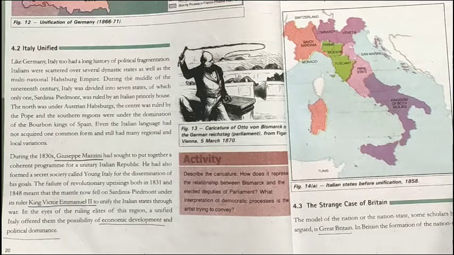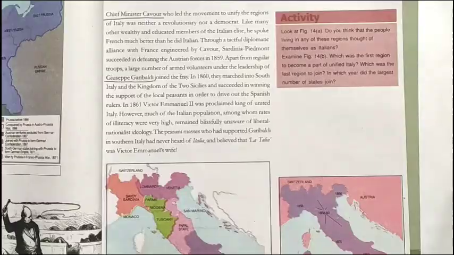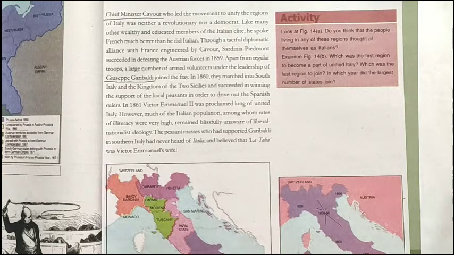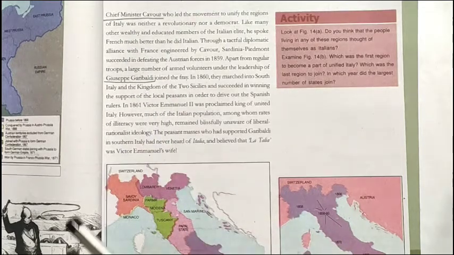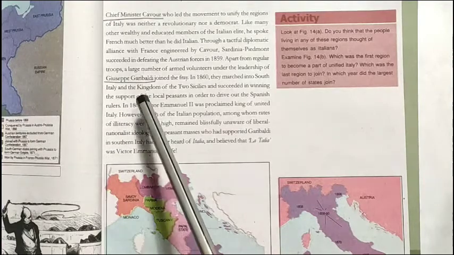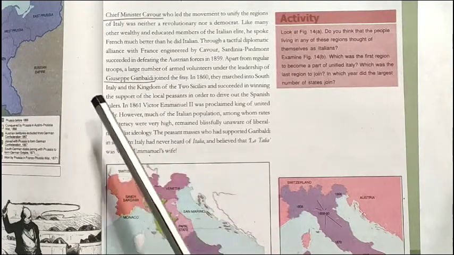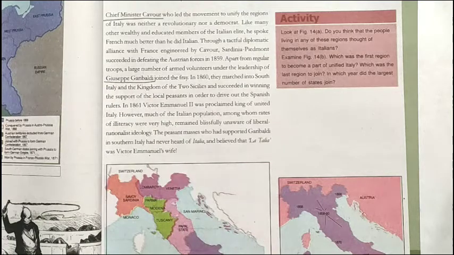So in the eyes of the ruling elites of this region, a unified Italy offered them the possibility of economic development and political dominance. In the unification of Italy, there were 2 more prominent leaders, Chief Minister Cavour and Giuseppe Garibaldi. Don't confuse Garibaldi with Mazzini, okay? They are different persons.